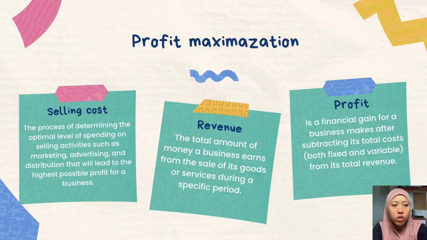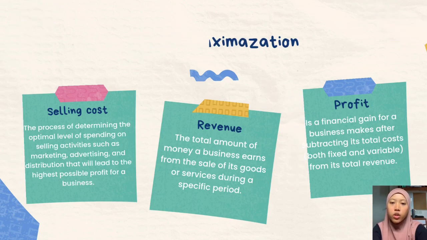Revenue is the total amount of money a business earns from the sale of its goods or services during a specific period. And lastly, profit is a financial gain for a business made after deducting its total cost, both fixed and variable, from its total revenue.